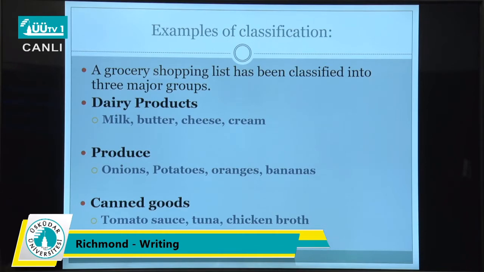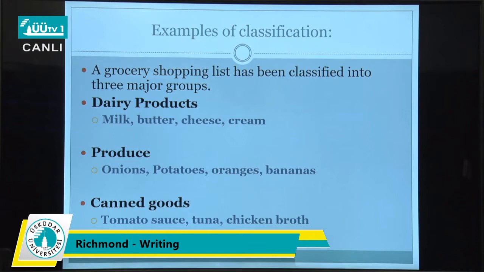For example, we have a really simple example of classification, a classification of a shopping list. We took the shopping list and classified it into 3 major groups. The first group is dairy products, the second group is produce, the third group is canned goods.